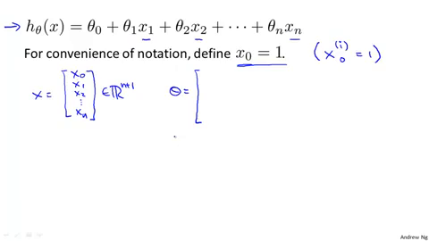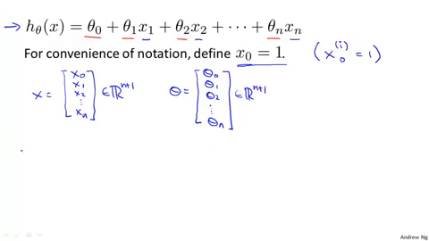So my parameters, theta 0, theta 1, theta 2, and so on up to theta n, I'm going to gather them up into a parameter vector written theta 0, theta 1, theta 2, and so on, down to theta n. This is another 0-indexed vector, indexed starting from 0, that is another n plus 1 dimensional vector.